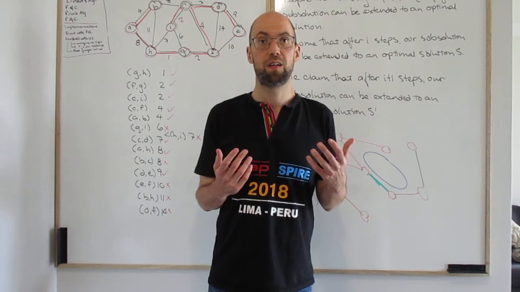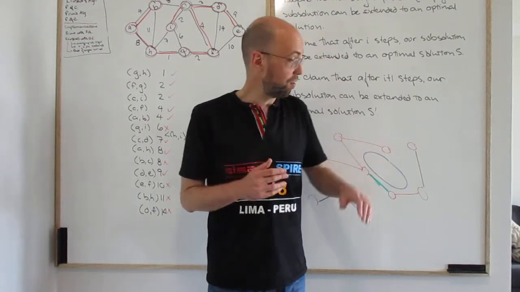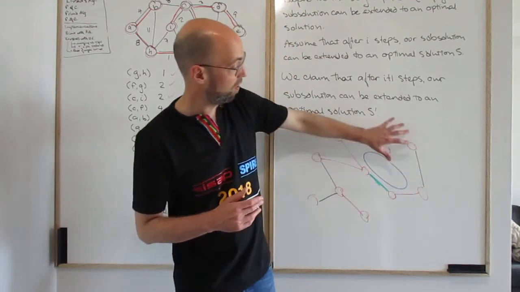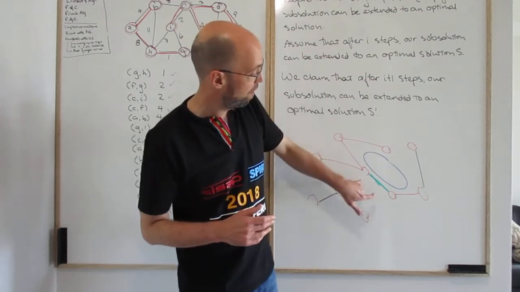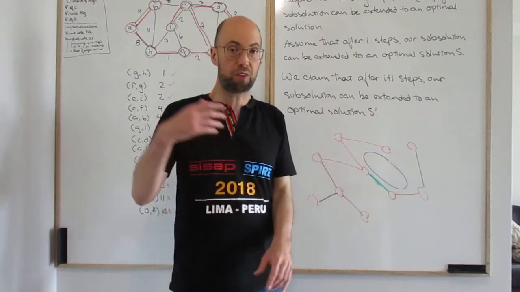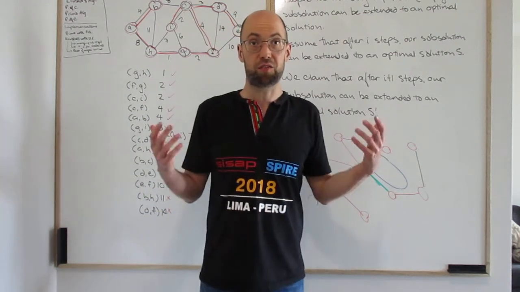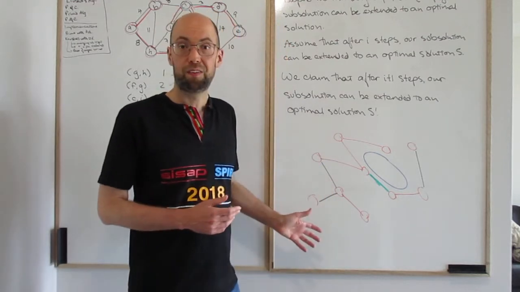Okay? So now, what do we call this graph, where we took S and we put in what we take on the i plus first step, and we throw something away? That's an exchange. It's an exchange argument. What do we call this graph? Anybody?